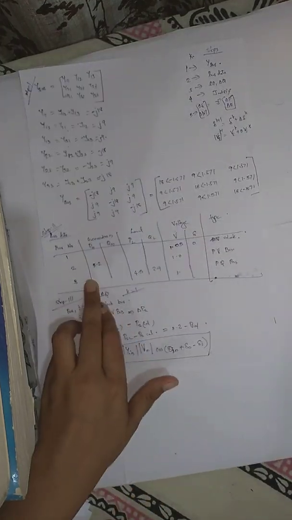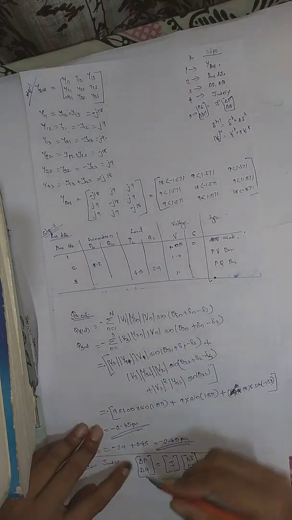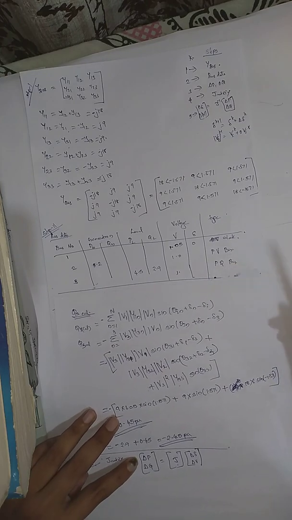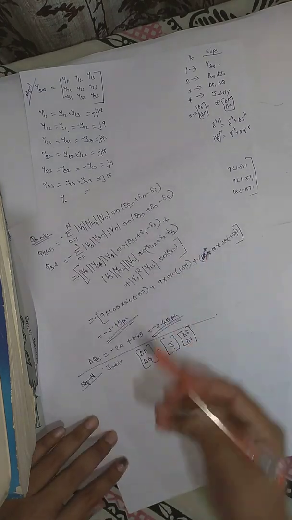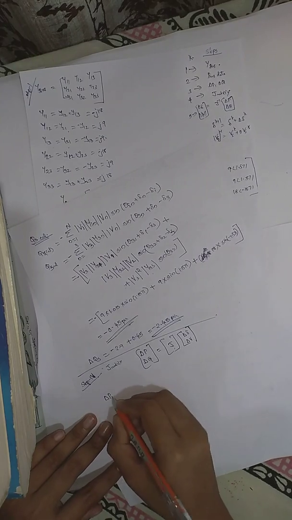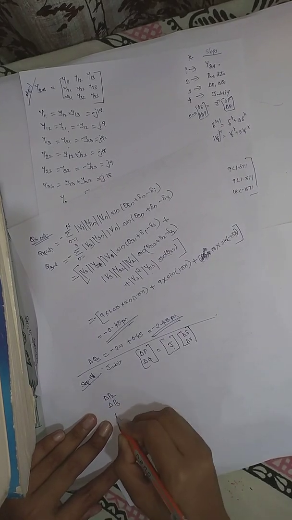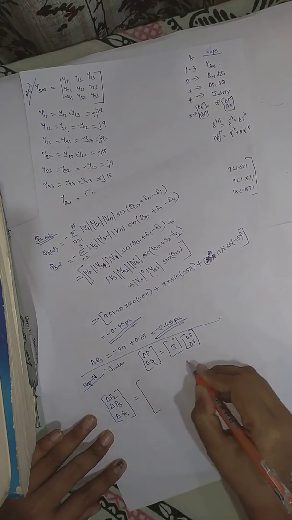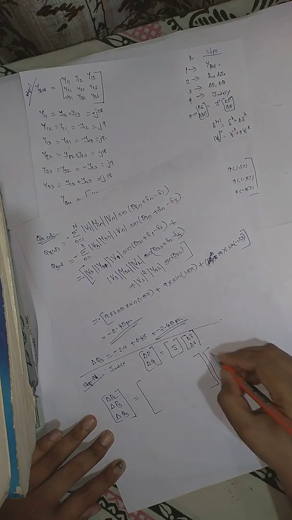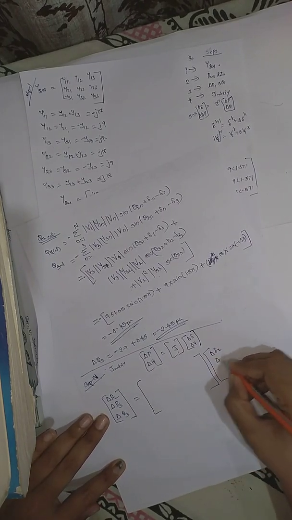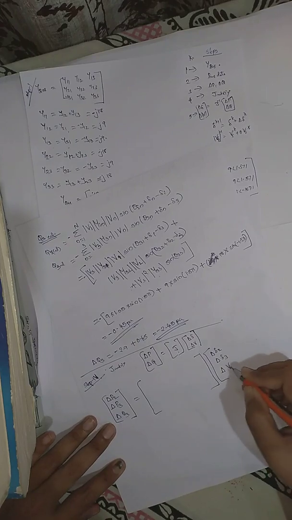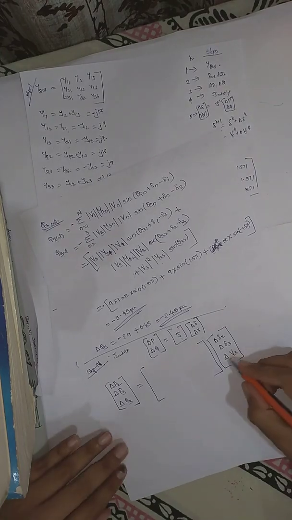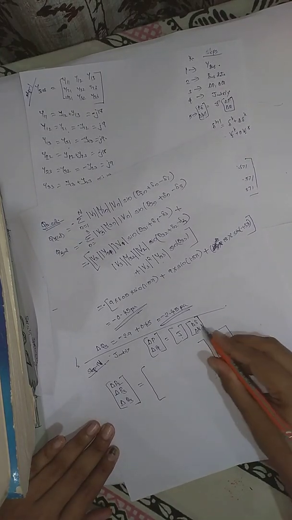With this, we have found out delta P2, delta P3 and delta Q3. So delta P2, delta P3, delta Q3 equal some matrix into delta delta2, delta delta3. Delta V2 is already given, so there is no need of finding it, but we have to find the absolute magnitude of delta V3.